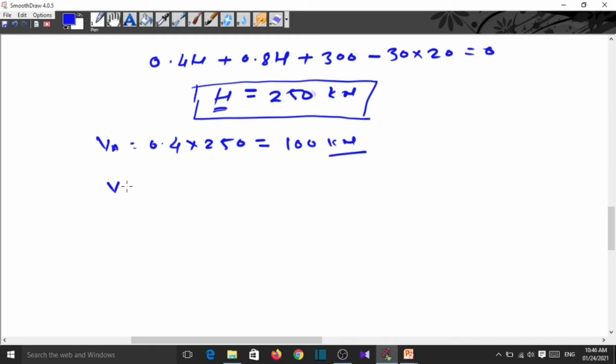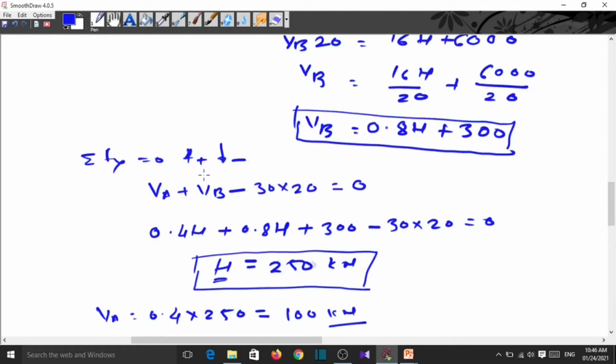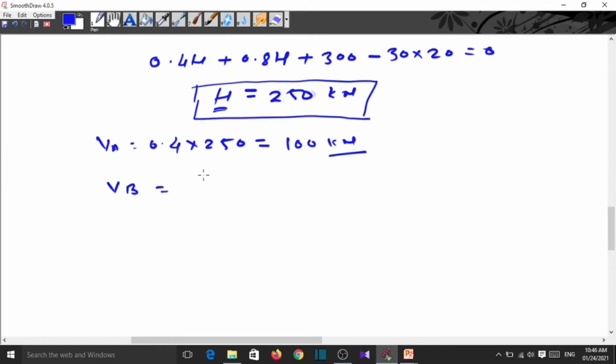And VB is equal to, the formula is 0.8 H, so 0.8 into 250 plus 300, so we got here 500. We got VA and VB.